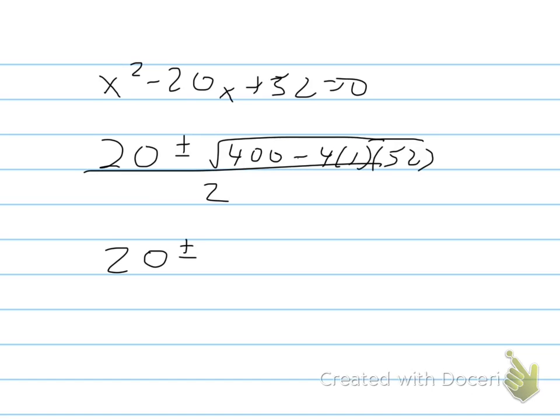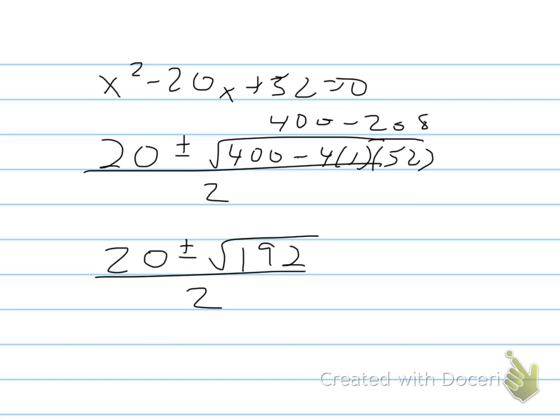And so we end up with 20 plus or minus... Alright, so 4 times 52. So we're going to end up with 400 minus 208, which gives us a square root of 192. 192, let's see if 16, or tell you what, a bigger square.